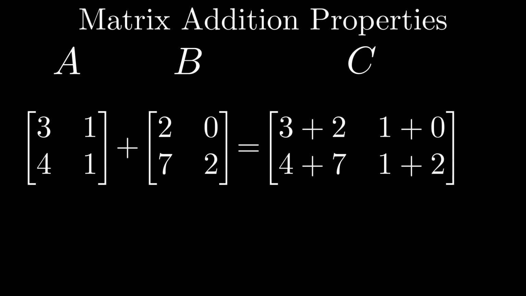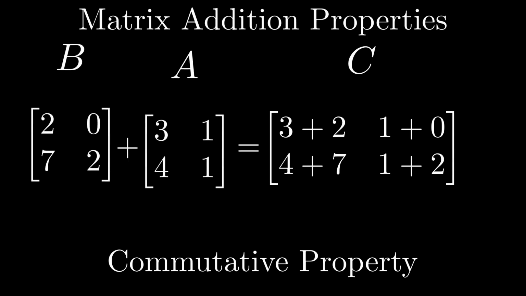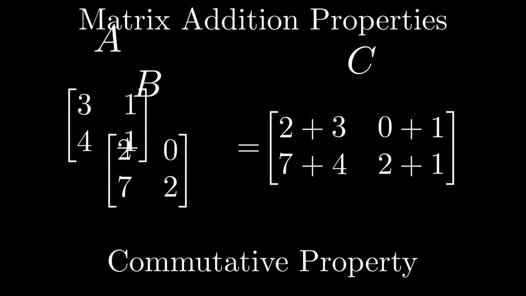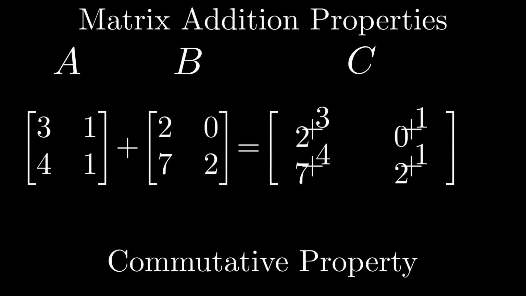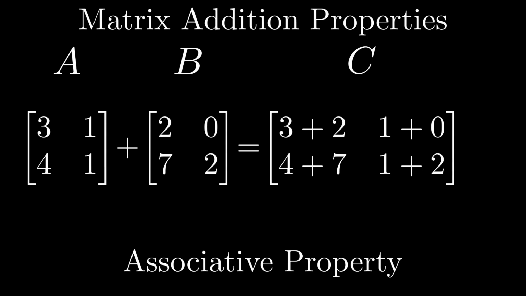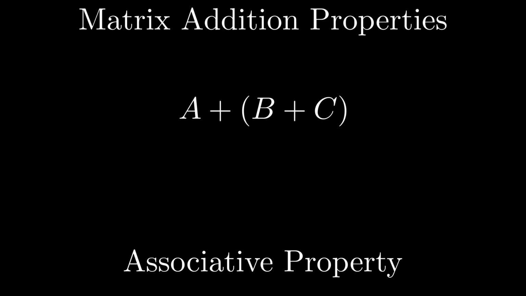Like the addition you learned in your arithmetic class, matrix addition also has certain properties. First, it's commutative. So in our above problem, A plus B equals B plus A. As you can see from the animation, if we rotate the problems along the plus signs, we still get the same matrix C. Matrix addition is also associative, so if you add A plus B plus C, you could instead add A plus B plus C and get the same answer.